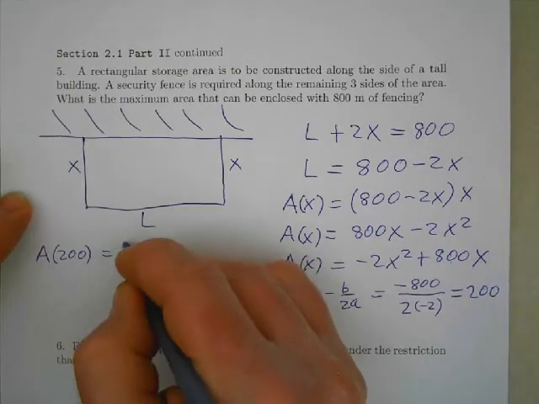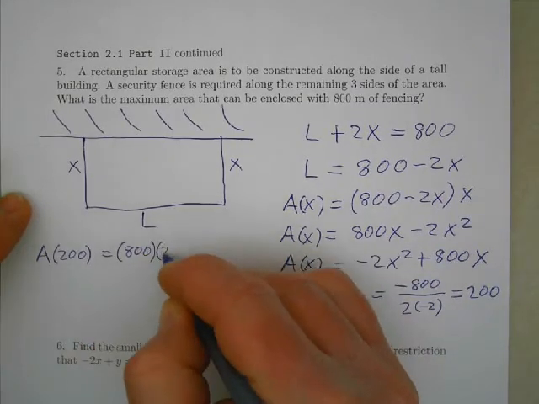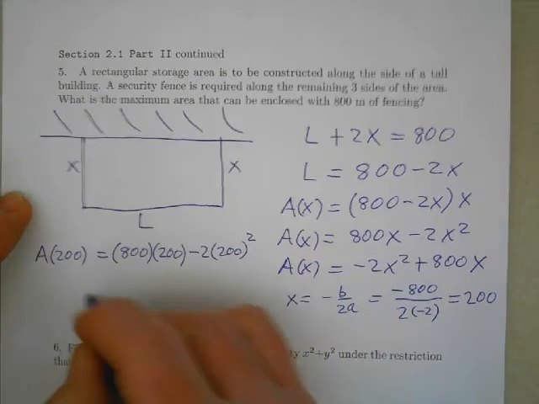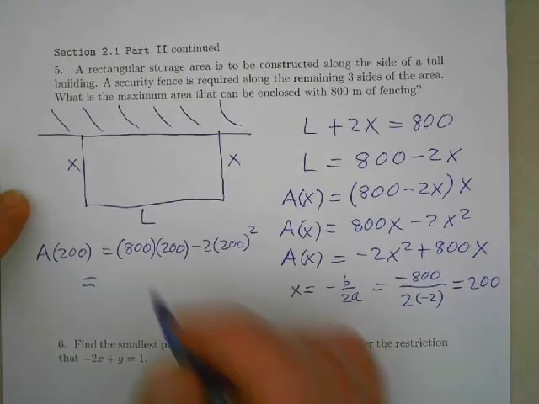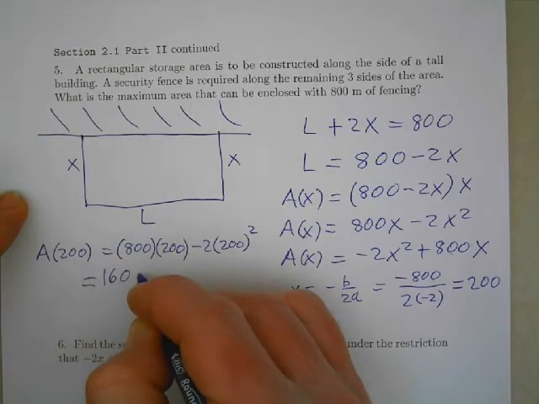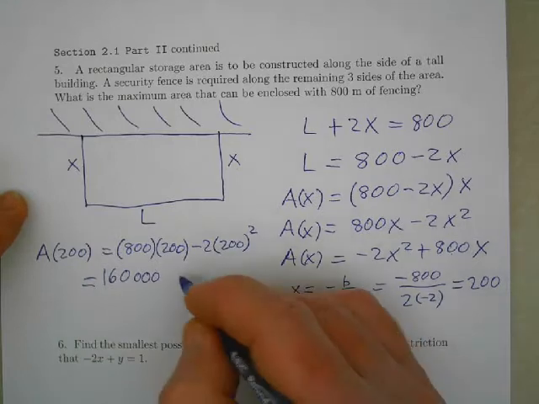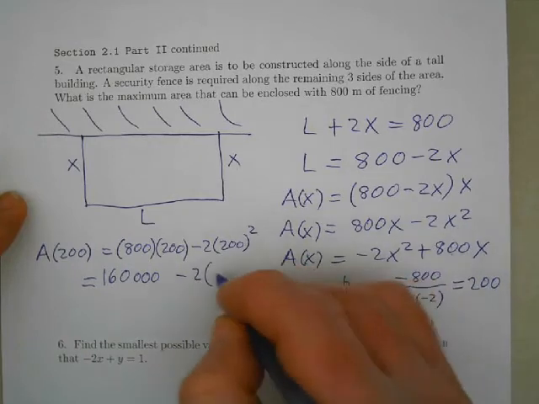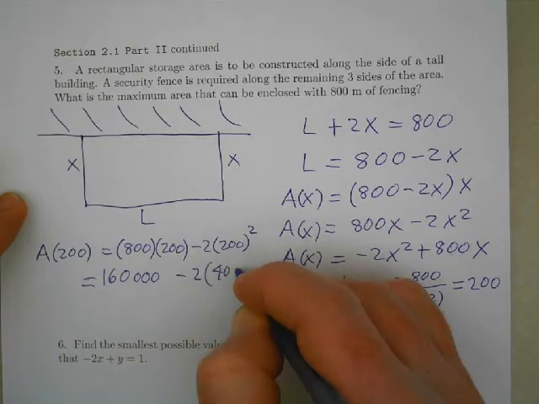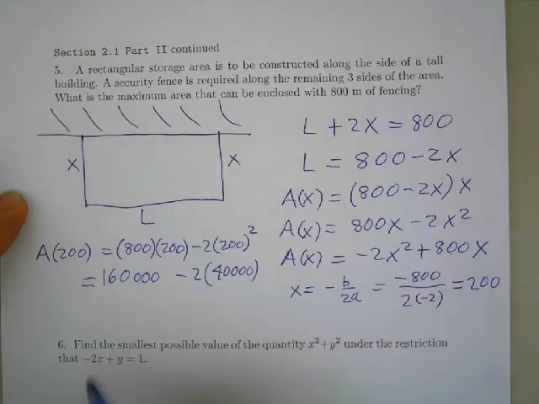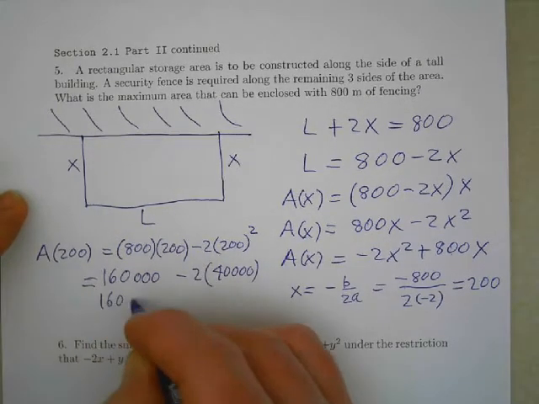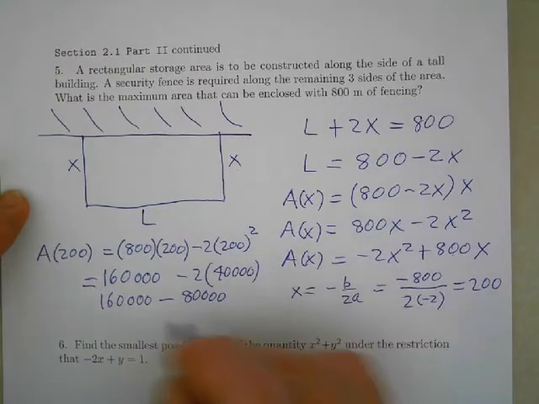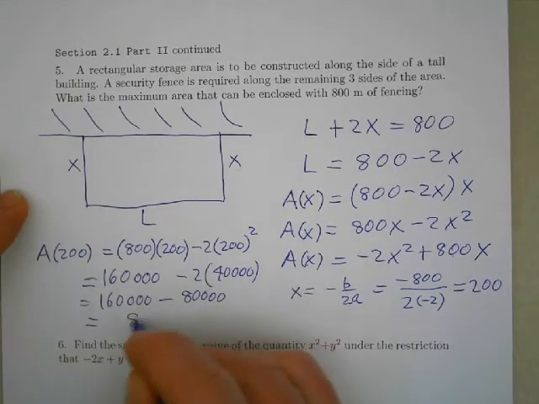And we get 800 times 200 minus 2 times 200 squared, and 800 times 200 is 160,000, and then we're going to subtract 2 times 200 squared, which is minus 2 times 40,000, and so 160,000 minus 80,000 is 80,000.